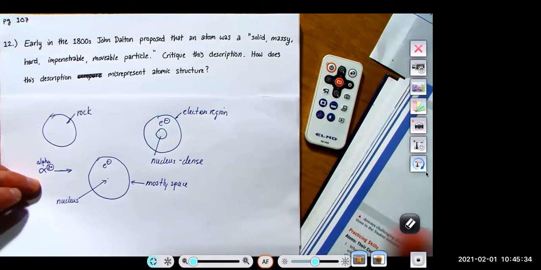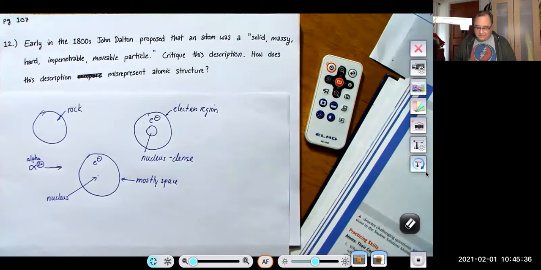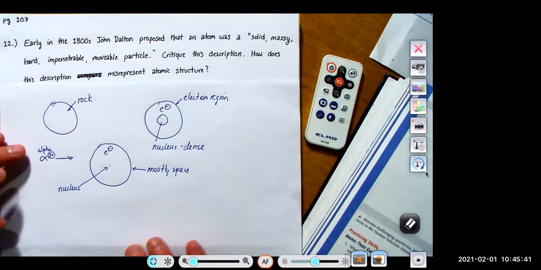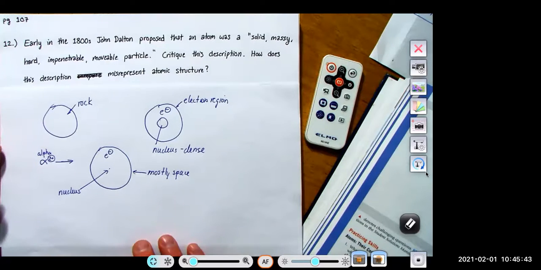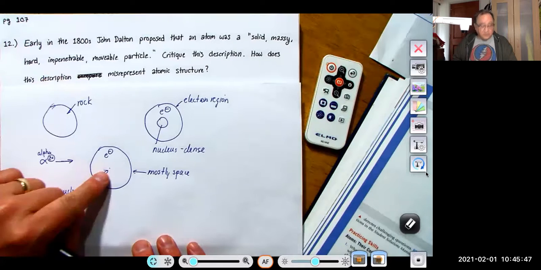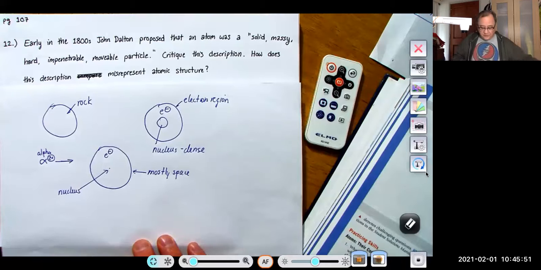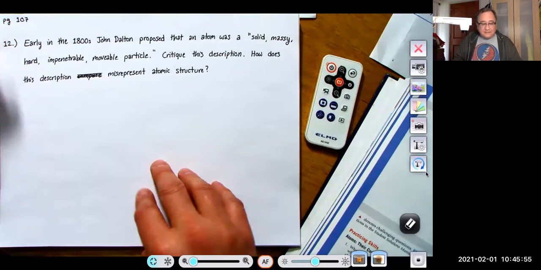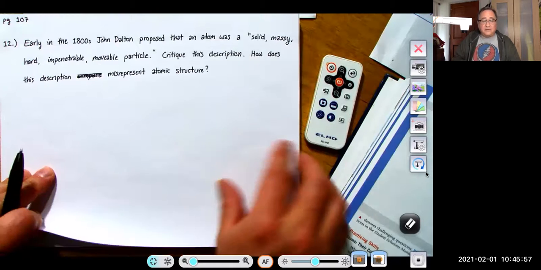So, that's kind of, I don't know, massy. Again, debatable. Okay. Impenetrable. Well, certainly the nucleus is pretty impenetrable, but the rest of it is not. It is penetrable. Okay. So, any questions about Dalton's idea of the atom and what we know now?